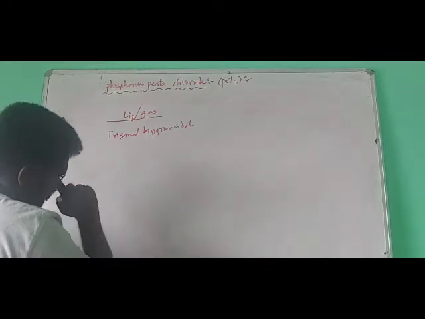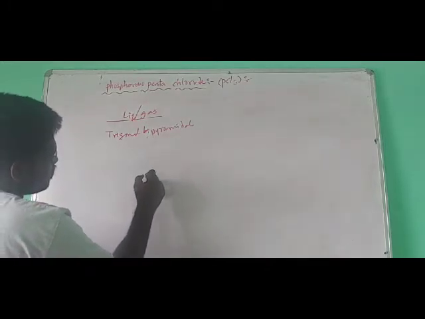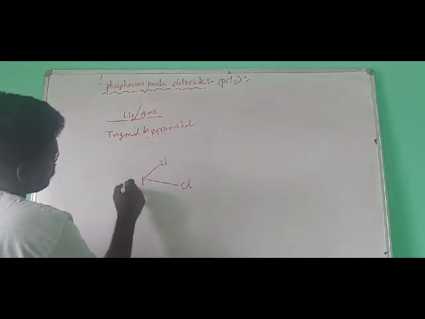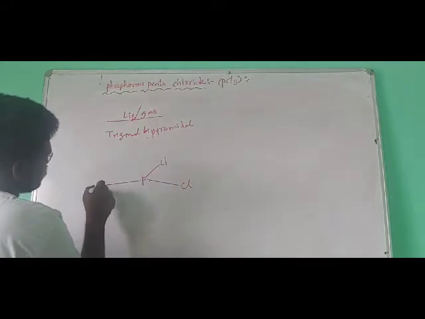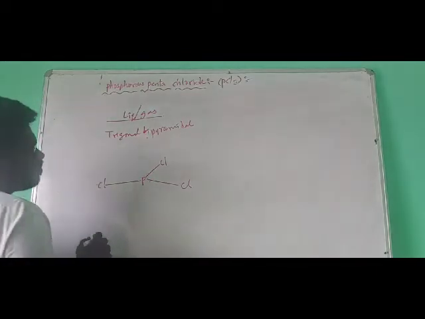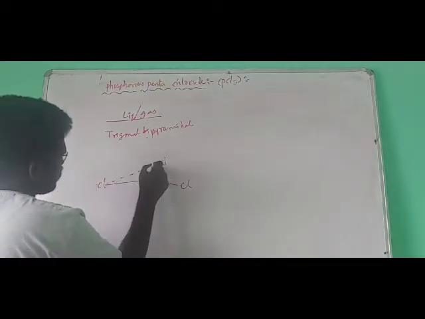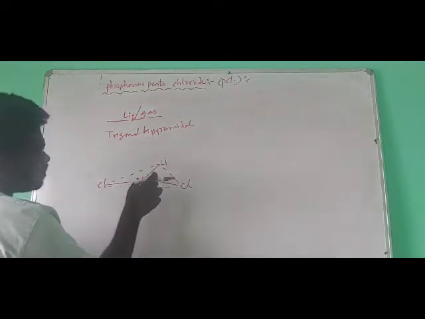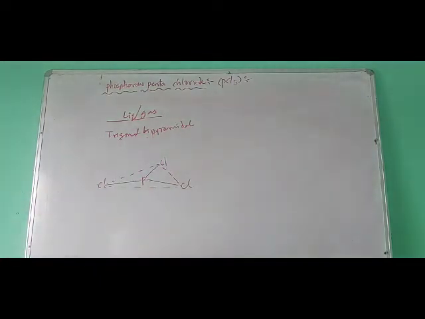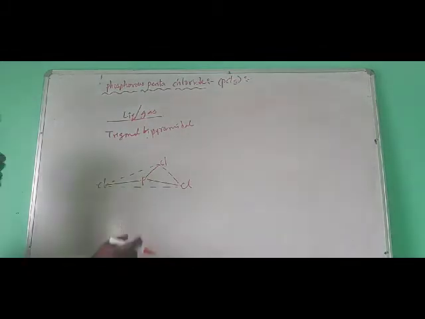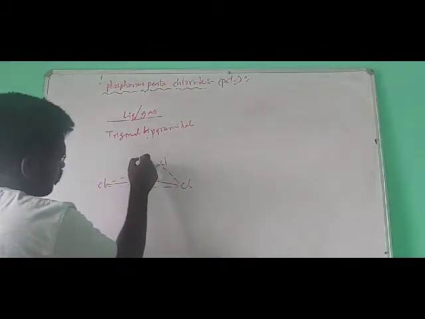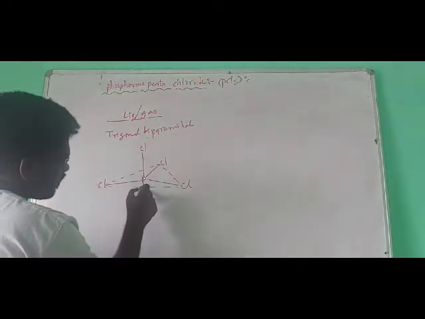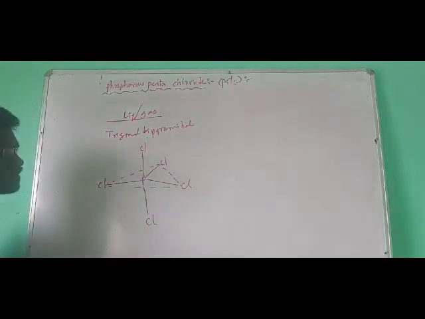Three bonds are present in the same plane like this. So here all three atoms are present in the same plane, and above the plane one chlorine is bonded with phosphorus, and below the plane another chlorine is bonded with phosphorus.